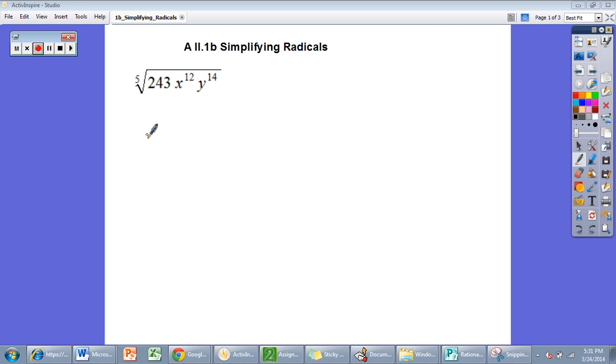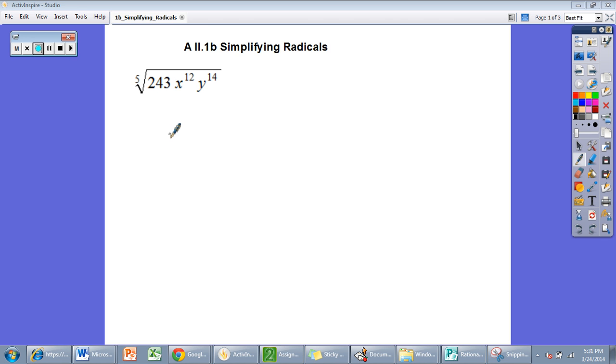Anytime you're trying to simplify anything larger than a square root, especially something to the 4th, the 5th, the 6th root, things you're going to want to check are 2 to the 5th power, 3 to the 5th power, 4 to the 5th power, because it's probably going to be something with 2, 3, or 4.